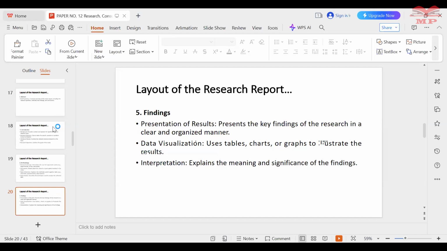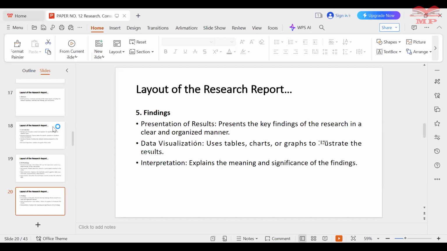In data visualization, tables, charts, and graphs may be used in order to illustrate the results found in relation to the data that was collected. So this visualization is very key, because by looking at a particular chart or graph, the readers of this research can see what is expected in relation to this particular study.